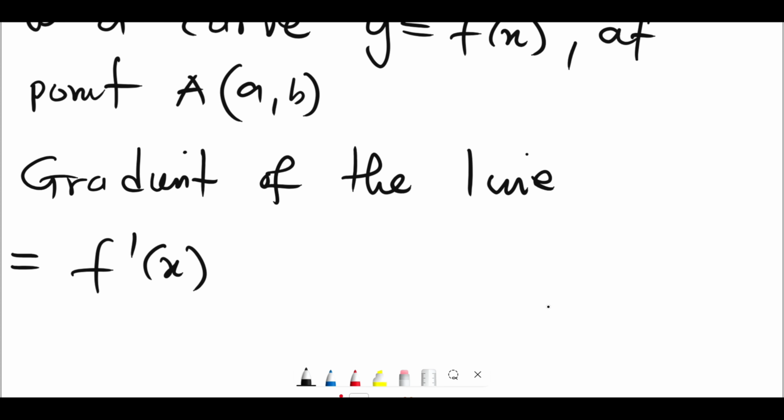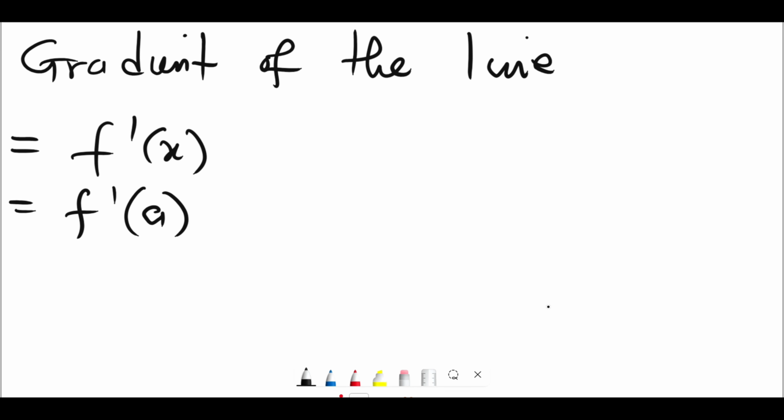When you are done with this, then you plug in the x component. The x component of the point where they meet is A. So the gradient of the line will be equal to f prime of A, meaning you differentiate the function, then after that, you plug in the corresponding x value of the point where the line touches the curve.